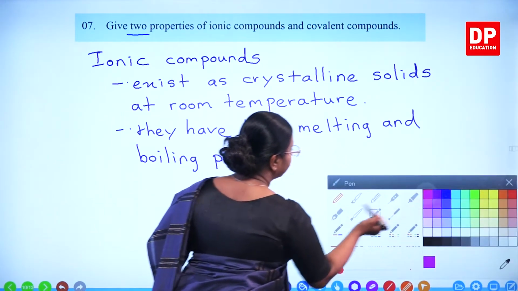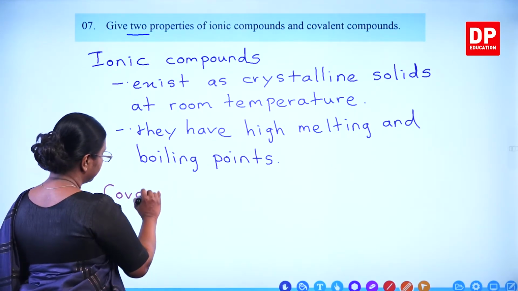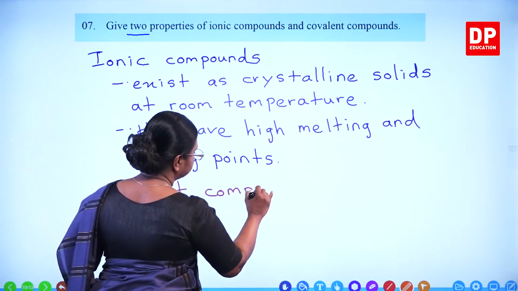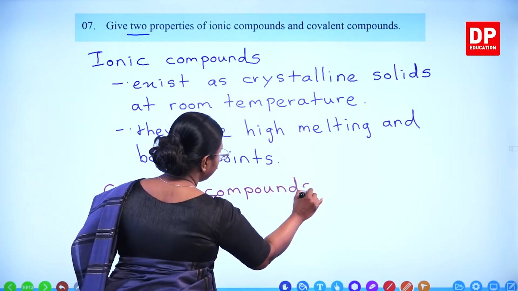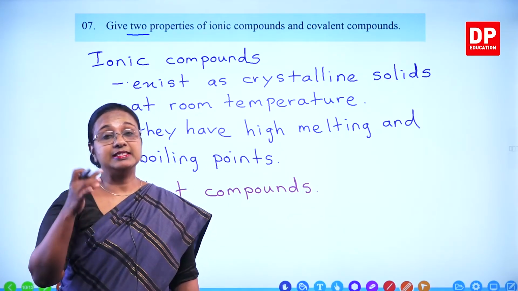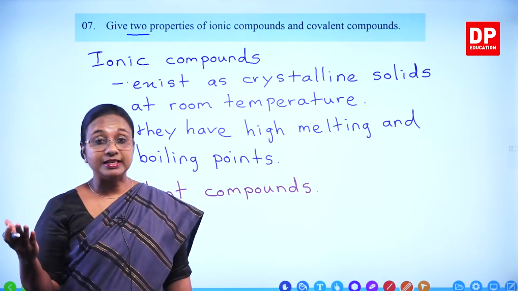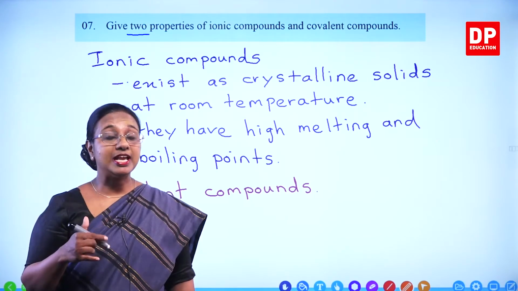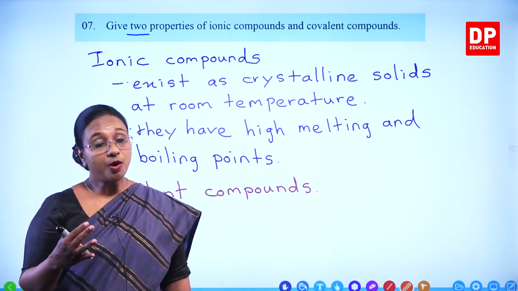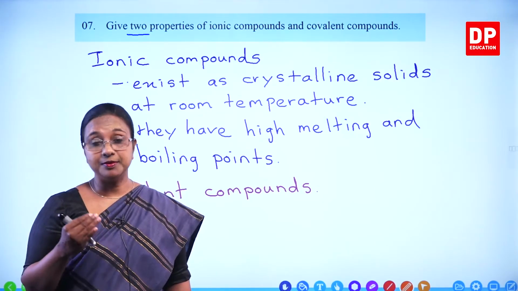Then for covalent compounds. So here the next one is covalent compounds. What can you say for covalent compounds? They exist as molecules that are made up of two or more atoms, and they usually exist as liquids or gases at room temperature. They normally have low melting or boiling points.